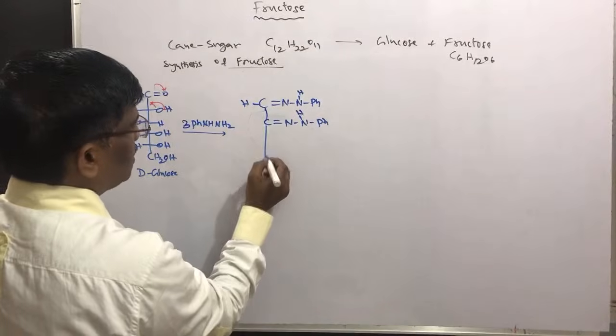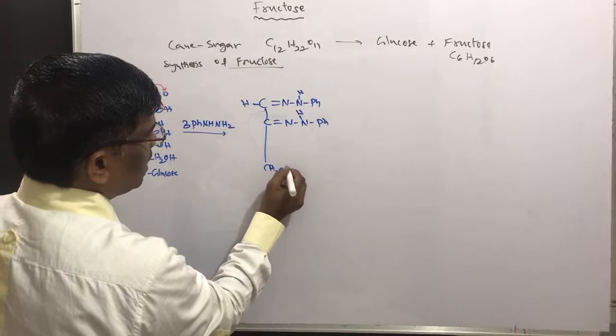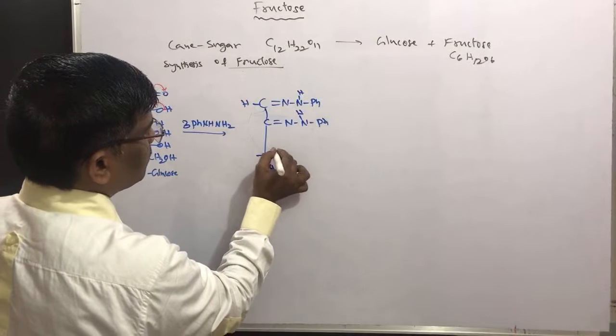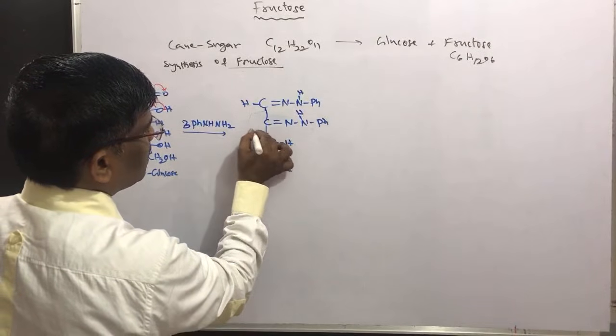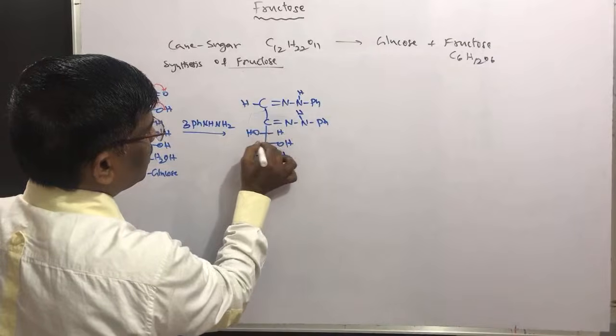Right? So this is CH2OH, and the remaining structure is the same, with OH, and this is the left side OH.